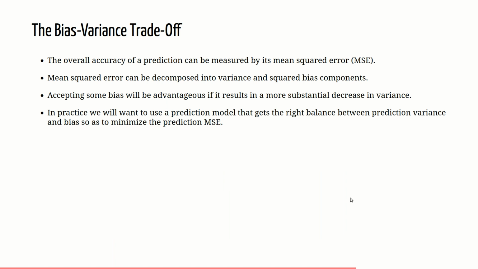And usually what happens is simpler models have less variance. Simpler models are almost always going to be inaccurately describing the true relationship because they're simple, right? So they'll tend to increase bias, but they'll lower variance. And if the increase in bias is less than the decrease in variance, then you're better off.